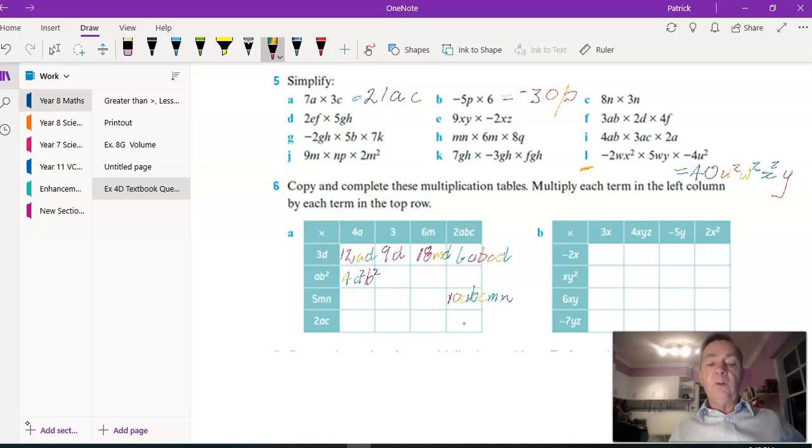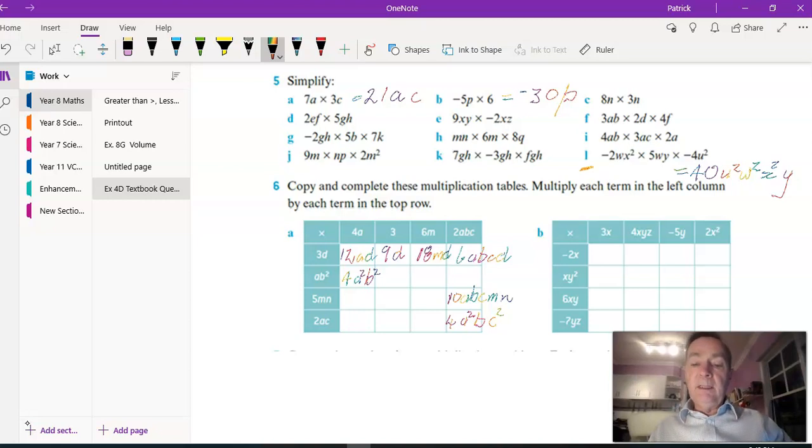So therefore it would be 2 times 2 is 4. Then I've got a times a, which is a squared. And then b. And then c times c is c squared. So 4a squared, b, c squared.